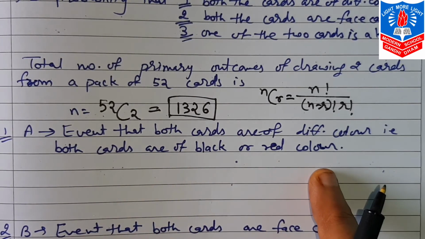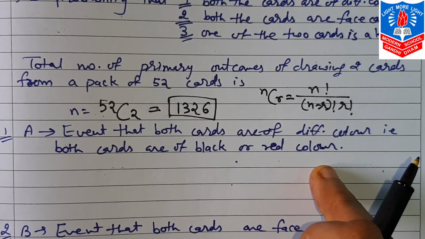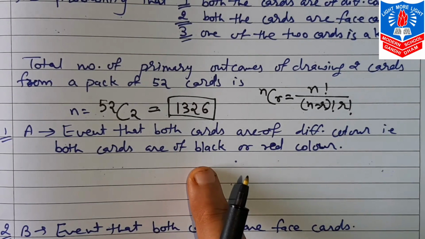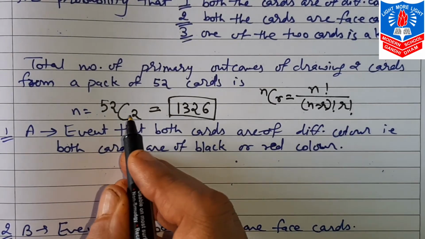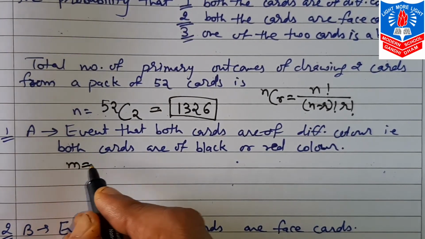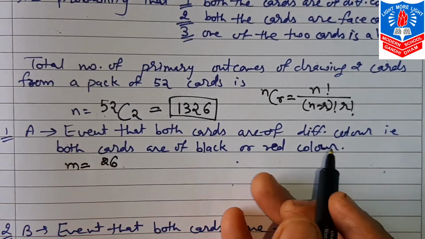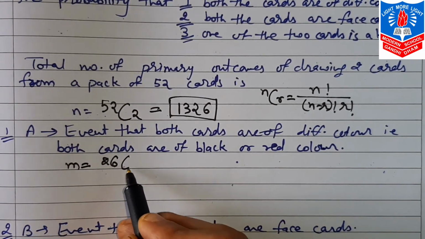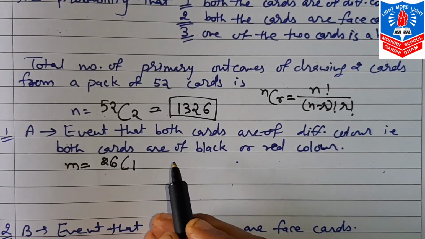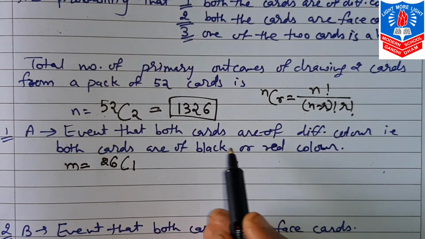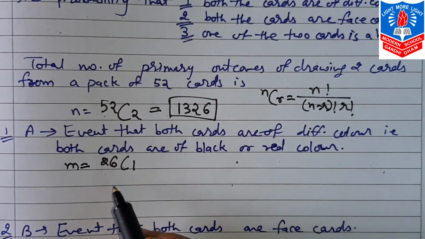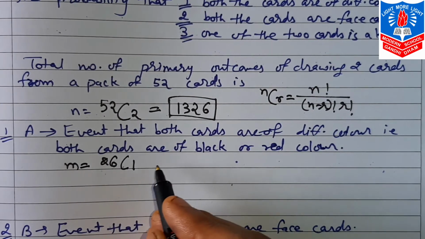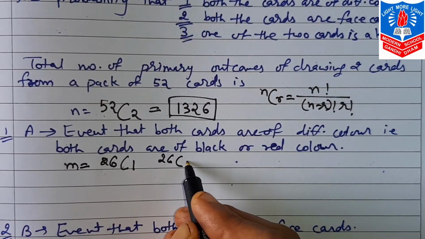Now first, the event that both cards are of different color, that is, one card is black and the other is red, because as we discussed, 2 colors are there and there are 26 black color cards and 26 red color cards. N will be the same, but for M, from these 26 black cards, how many are we selecting? 1. Why? Because it is given that both cards are of different color, that is, 1 will be black and 1 will be red.